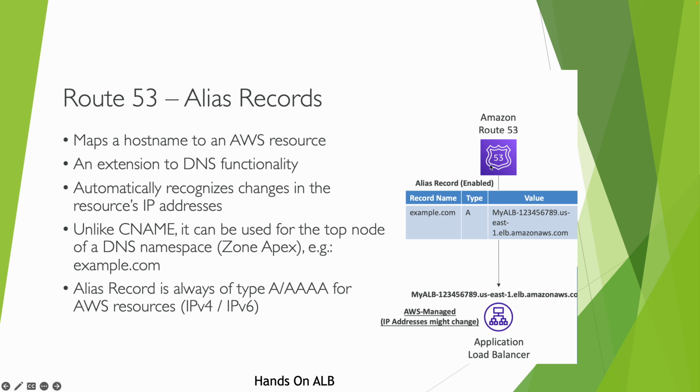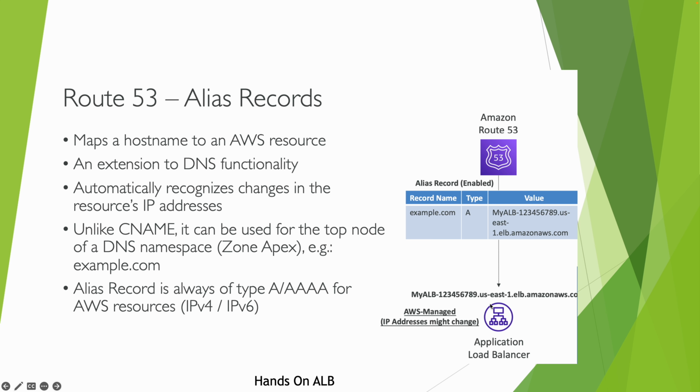Instead of routing it to an IP address, we can route it to an application load balancer using alias records. It is an extension of the DNS functionality and automatically recognizes changes in the resource IP address. So you need not change anything in the A type record when you change the EC2 instance behind the load balancer.